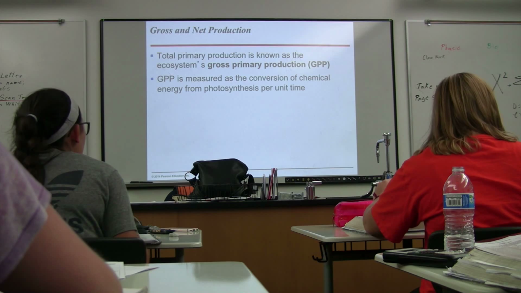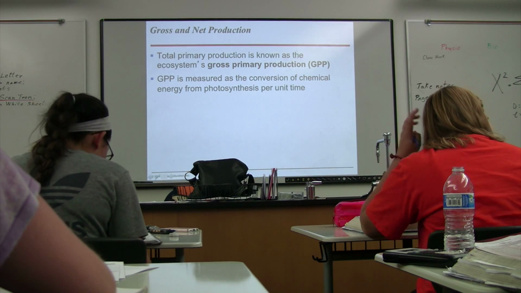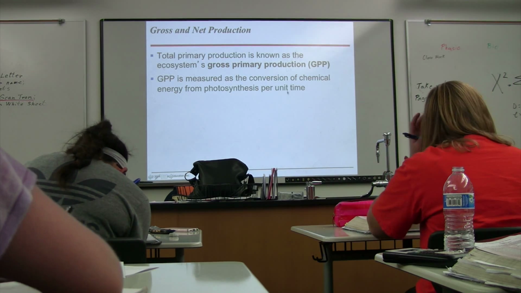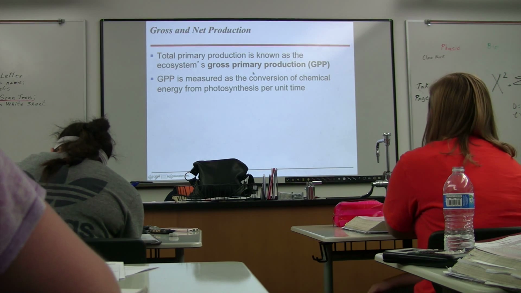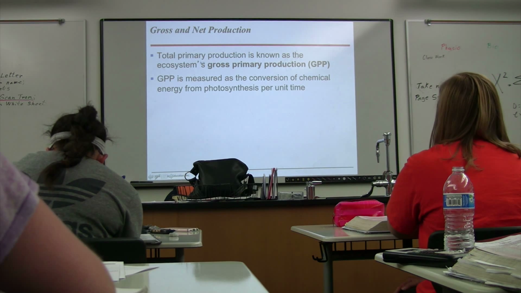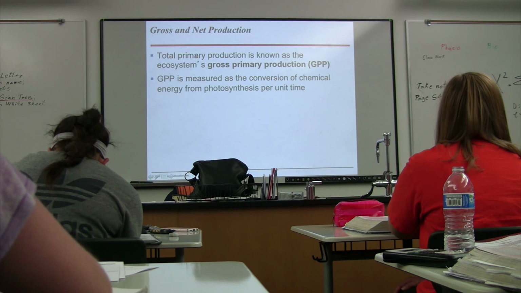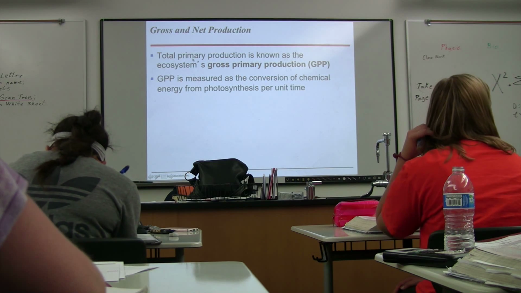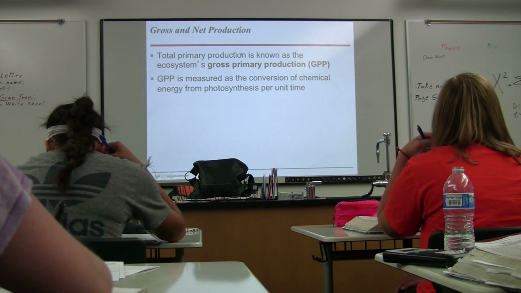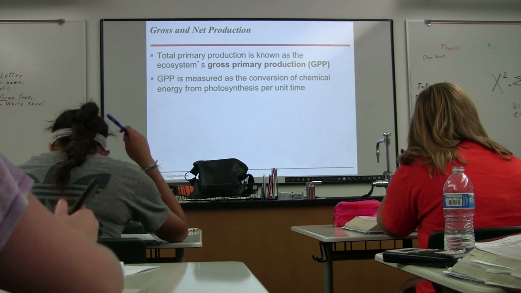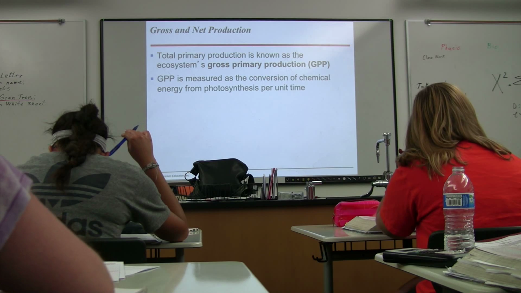So the GPP is measured in the conversion of chemical energy from photosynthesis per unit time. Gross means the total primary production. Who's doing this? Producers. Can primary consumers produce? No. They can produce babies and stuff like that, but they can't produce energy. The only things that produce energy are called producers.